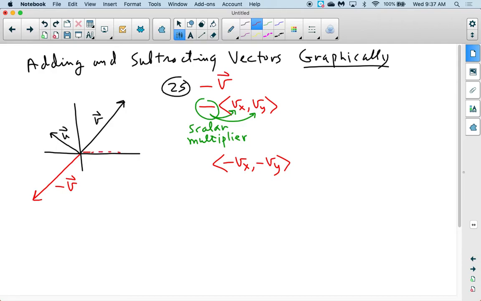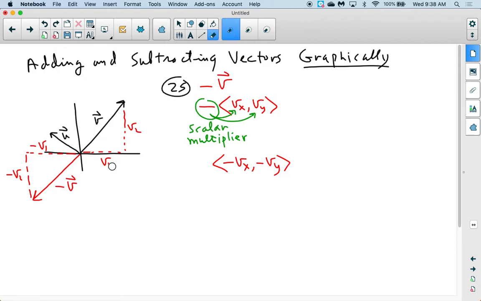This would be V. This would be V1, V2, and so this would be negative V1, negative V2. Oh, actually, sorry.